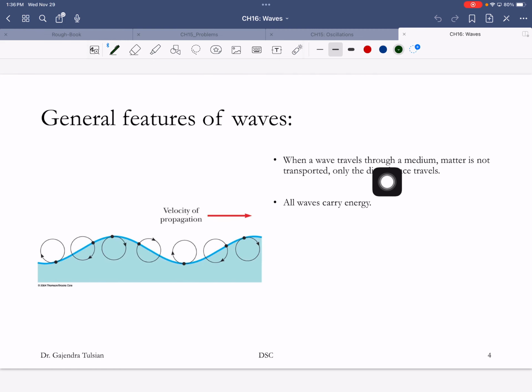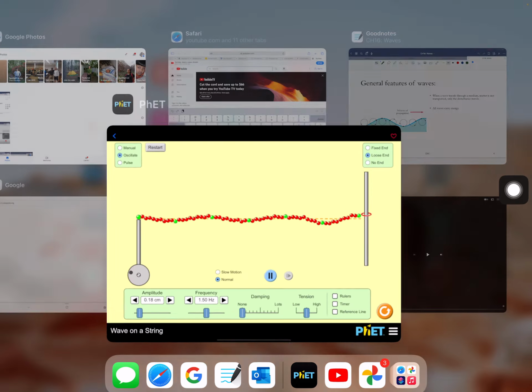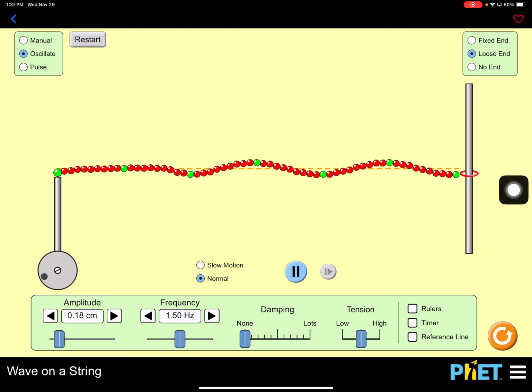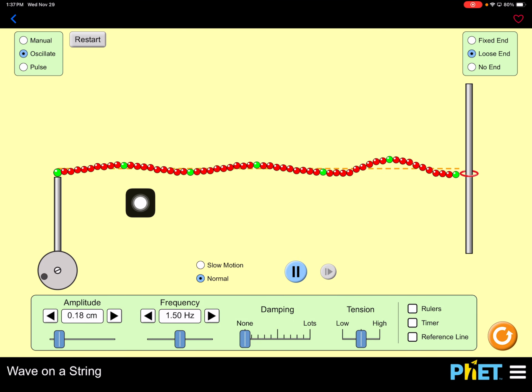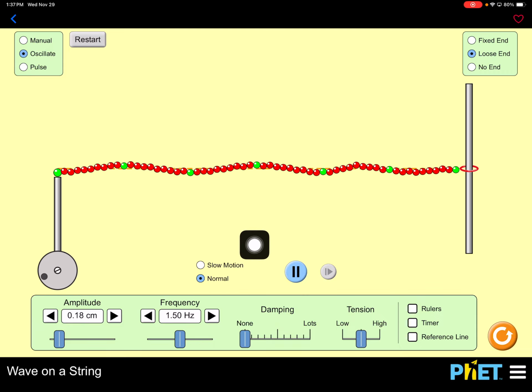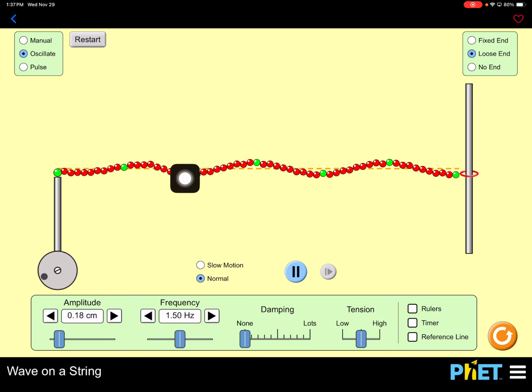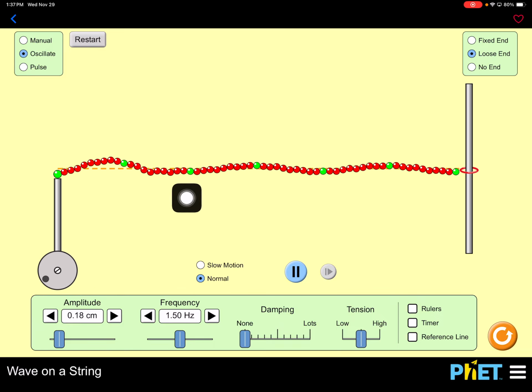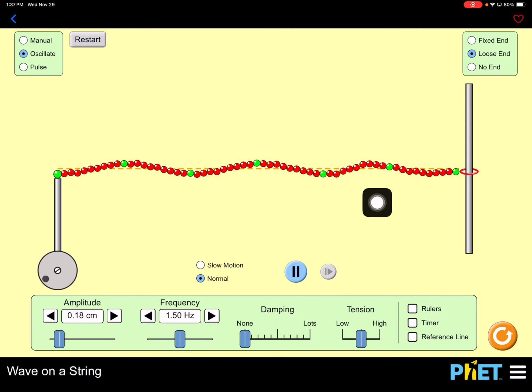When a wave travels through a medium, matter is not transported. Let's illustrate that. You can see that in this, the wave is traveling to the right, but those particles of the medium themselves are not traveling. So it's a disturbance that is traveling.